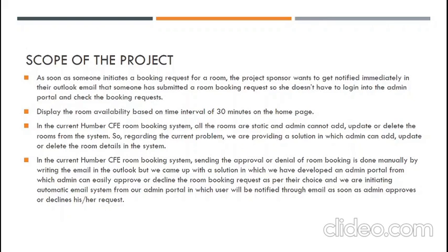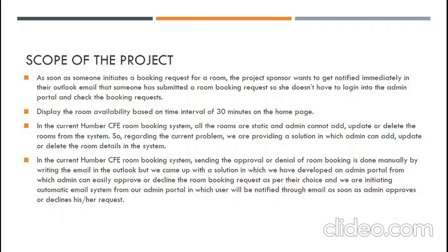We developed an admin portal in which she can see the room booking request made by any user, student, or faculty, and decide whether she wants to accept that booking request or not.